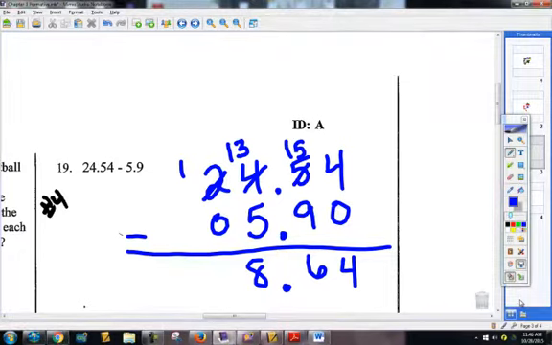It was 1 minus 0 then is 1 there. Okay, so 18 and 64/100. Everybody go with that? All right.